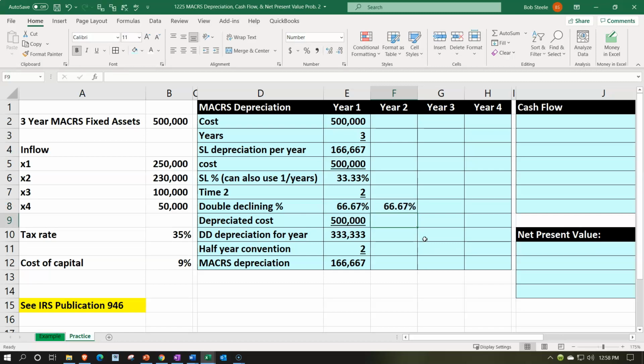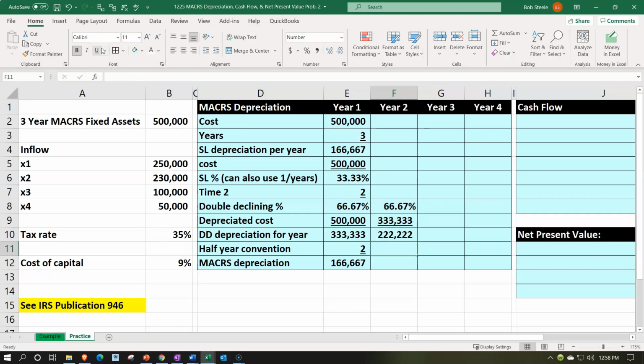And then the depreciation, this is kind of like the book value. It was the 500,000. Last year we depreciated 166,667, so we're left with 333,333 about. And then we multiply that out times the 66.67%. Underline in here, font group and underline.